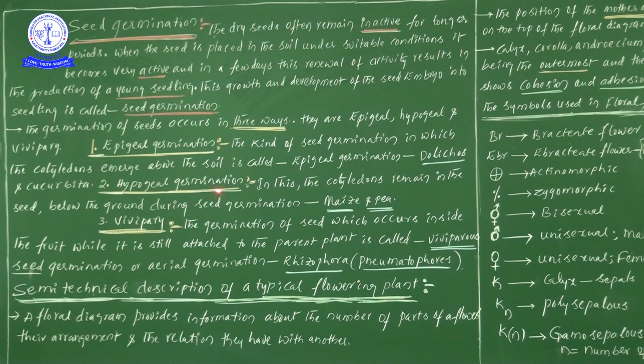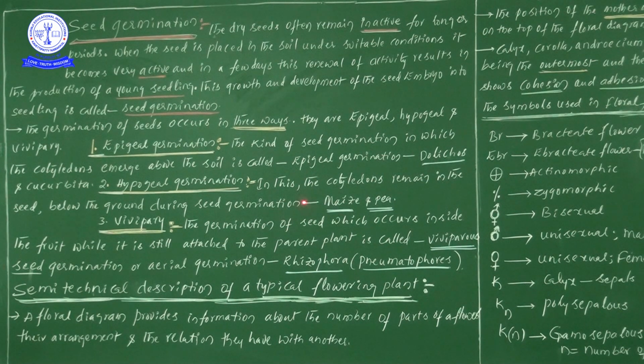Next one, hypogeal germination. In this type, cotyledons remain in the seed below the ground during seed germination. This means that in hypogeal germination, the cotyledons do not come out from the soil; they just stay within the soil.